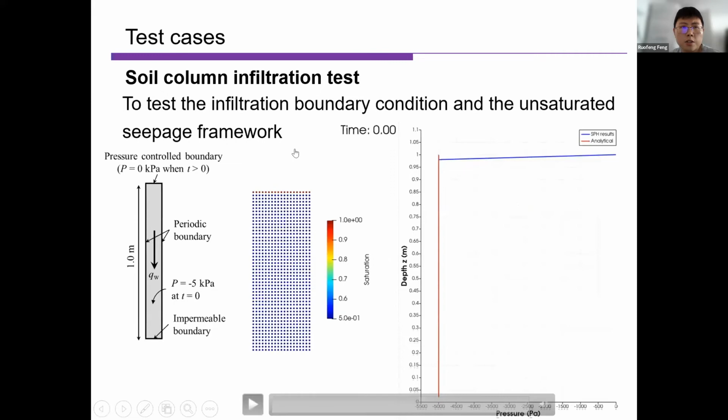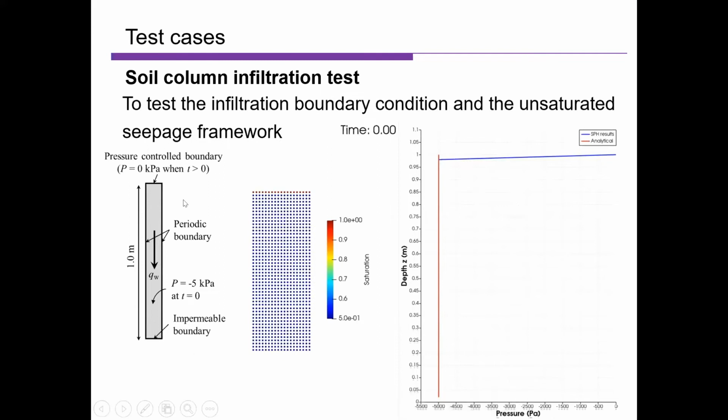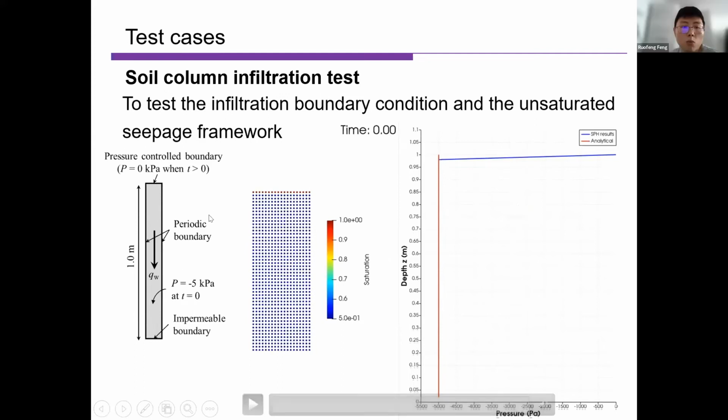So here are the test cases. First is the infiltration test. This is to test the boundary condition and also the unsaturated seepage framework. Here we have unsaturated soil initially with a suction of 5 kilopascal, and we apply a zero pressure boundary condition at the top and an impermeable boundary at the bottom.